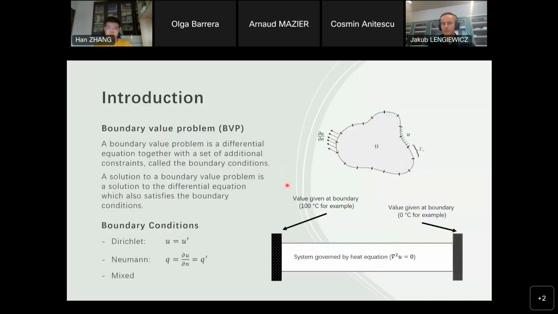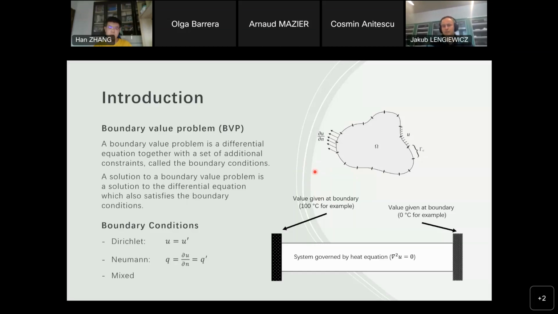Firstly, I'll do a simple introduction. I know you are all experts in this field, so this is just a warm up. First is the boundary value problem. In practical engineering, most engineering questions can be described as a boundary value problem, which is typically a differential equation together with a set of additional constraints, the boundary conditions.